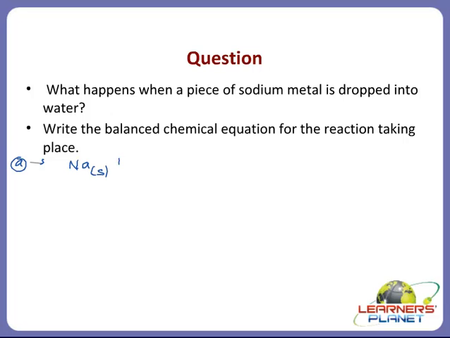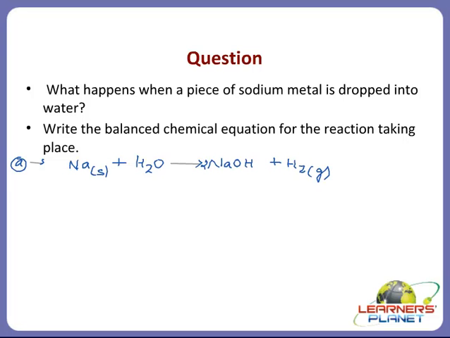Sodium will react with water, and we all know that when metals react with water, the products are their respective hydroxides, that is, sodium hydroxide is formed plus H2 gas is released. How will I balance this?